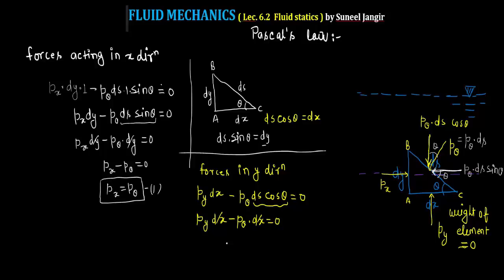Again dx is common, so we can write py minus p theta equals 0, so py is equal to p theta. So considering the forces in the y direction, our conclusion is that py is also equal to p theta. This is our second equation. So from our first and second equations we can conclude that px equals py equals p theta.